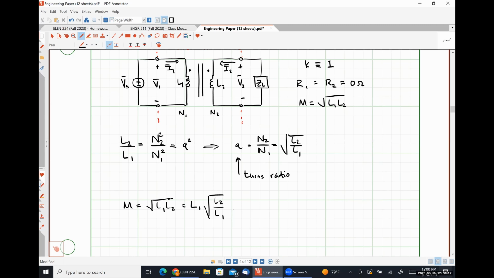So this would look like L1 squared L2 all over L1 underneath the square root sign. This square cancels out this.